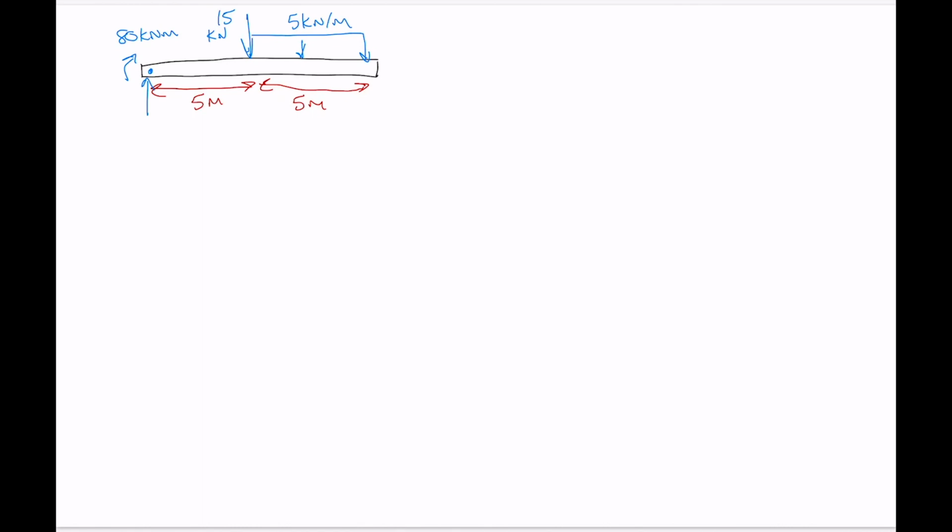And I'm going to call this support reaction AY here, and this support reaction BY here. So there we go. We've got the free body diagram of our beam now.